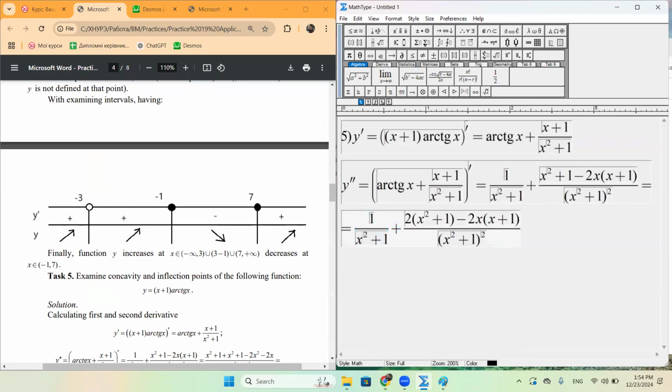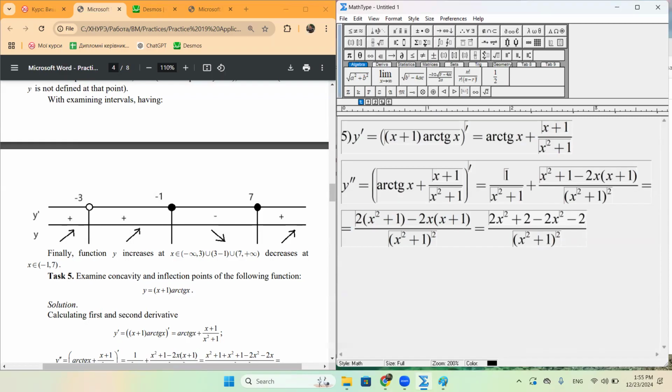So found the common denominator and now expanding the brackets. So 2x square plus 2 minus 2x square and minus 2.